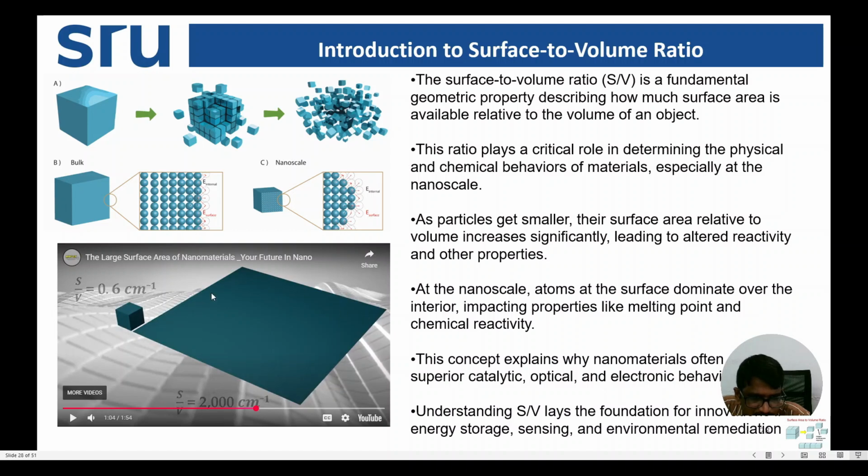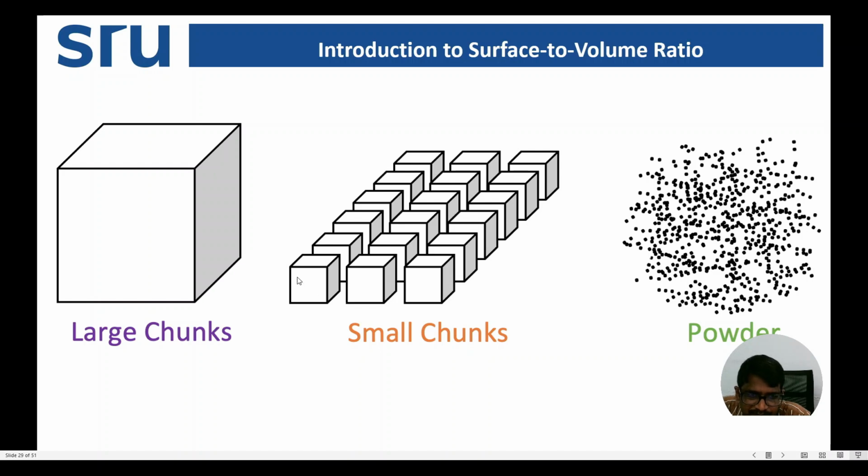The surface area exposed here is just this much, but here it is so much surface area, so all the atoms here will participate in the reaction and the efficiency will automatically be enhanced. What is this method, top down or bottom up? It is a top down approach: macro to micro to nano.